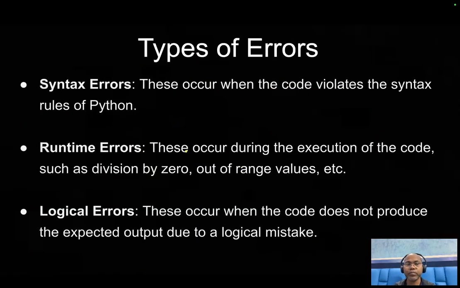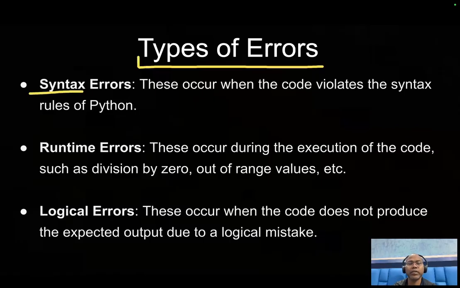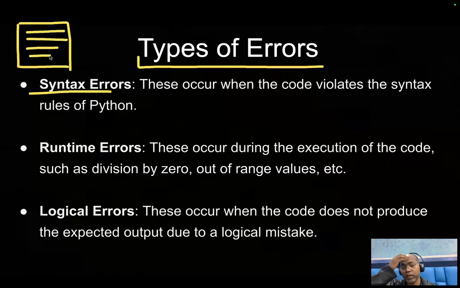Let's first talk about what kinds of errors our applications can generally expect. First, the syntax error. Whenever you are writing a Python program, you write statements: line 1, line 2, line 3. But these statements must follow the Python syntax.